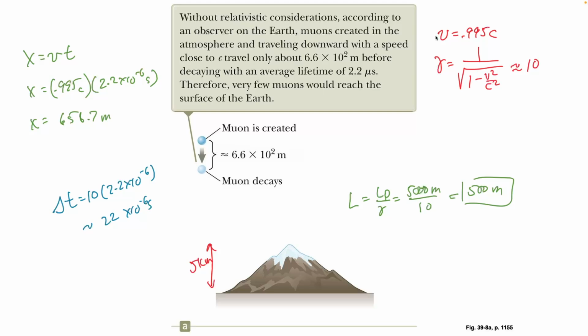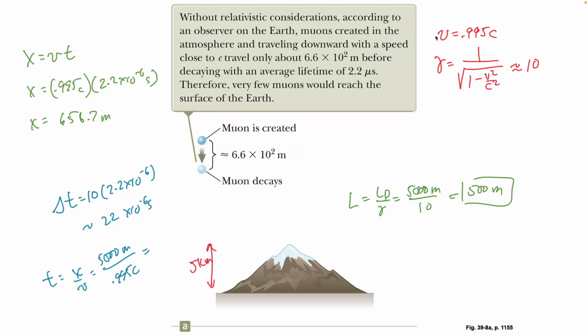How much time, according to us, is required for a mu meson moving at 0.995 c to traverse a 5 kilometer distance? Well, again, that's straight up physics. It's distance divided by velocity. The distance, 5,000 meters. The velocity, 0.995 c.